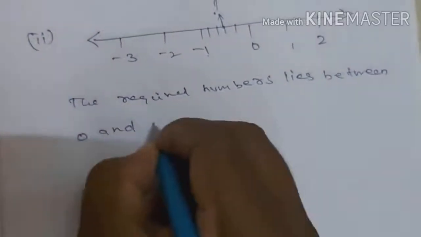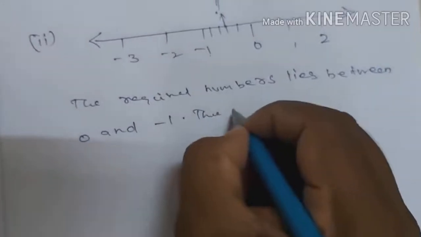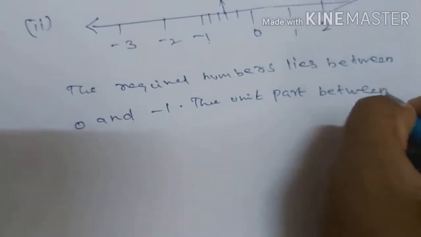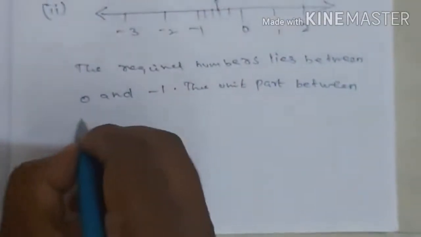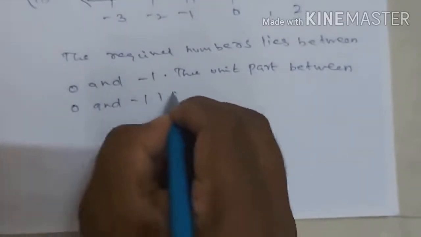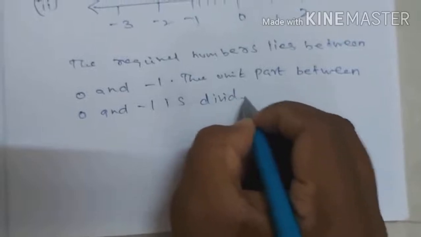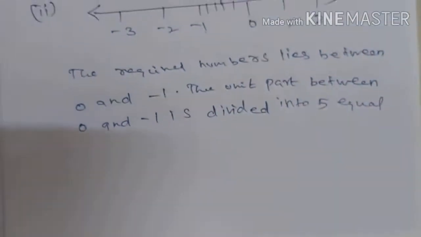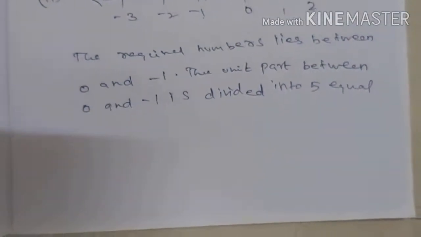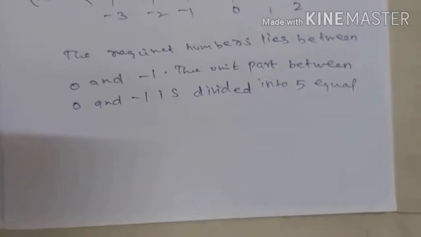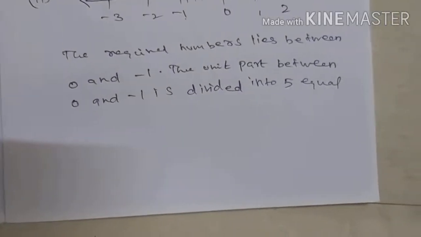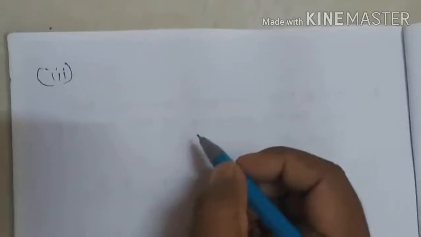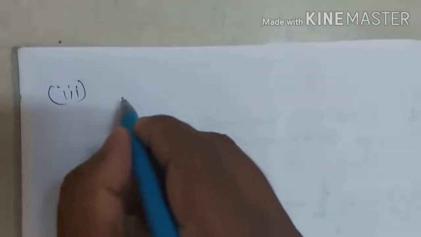The unit part between 0 and minus 1 is divided into 5 equal parts. Third sum: draw a picture, otherwise see in your book.